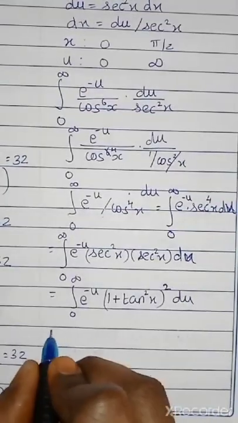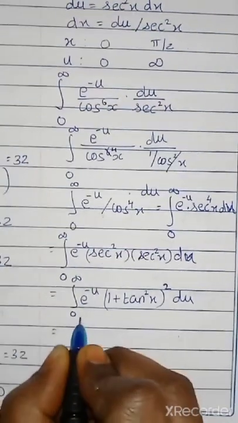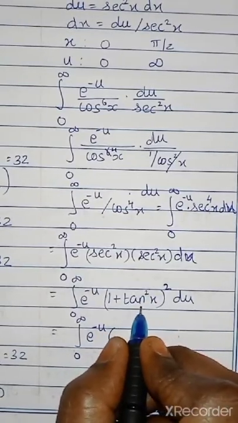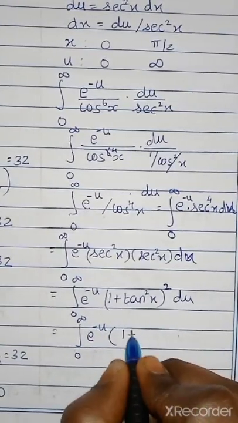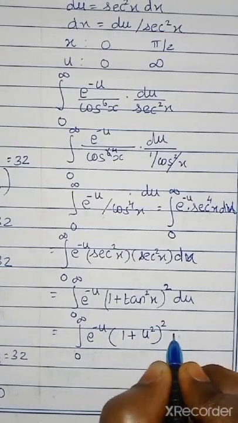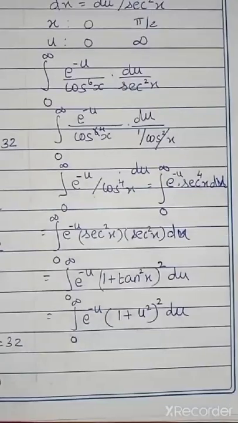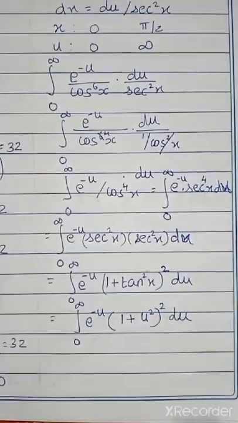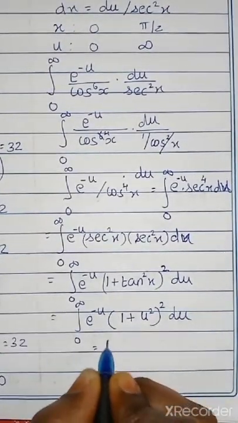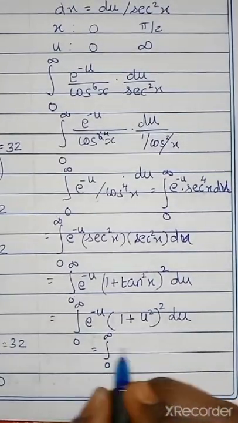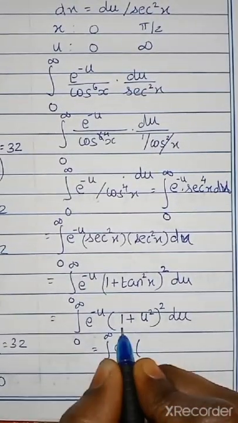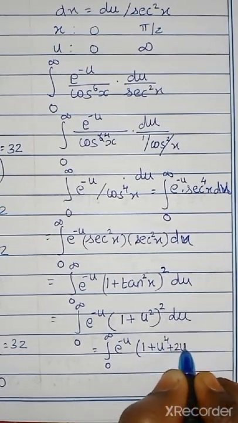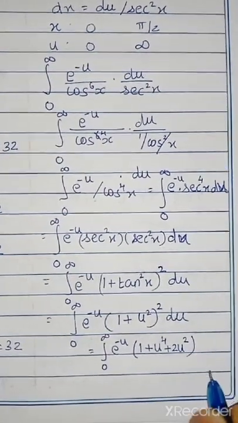Instead of tan x we can write u. So this is 1 plus u square the whole square into du. Now all the variables are the same, u. So we can write this as integral 0 to infinity e power minus u, a plus b the whole square, a square plus b square plus 2ab, into du.